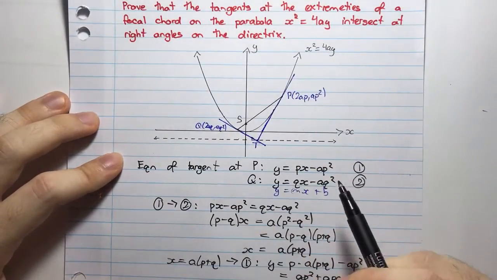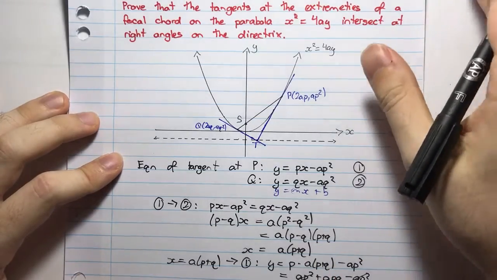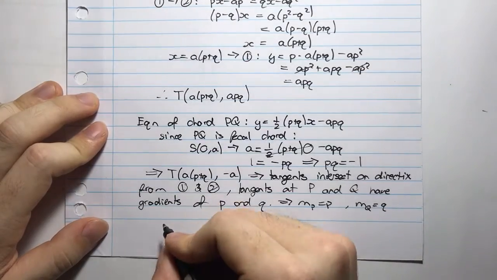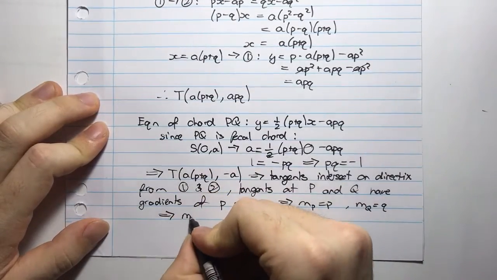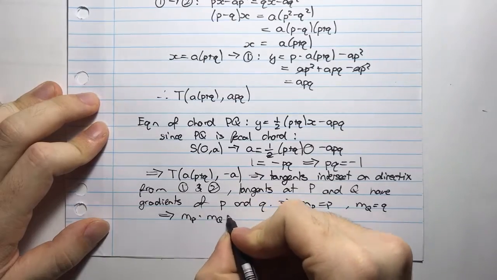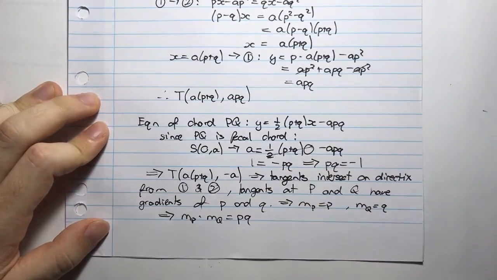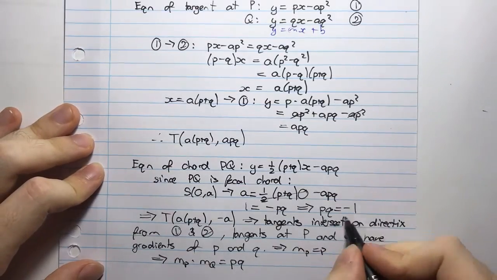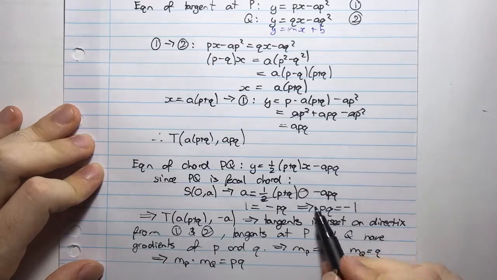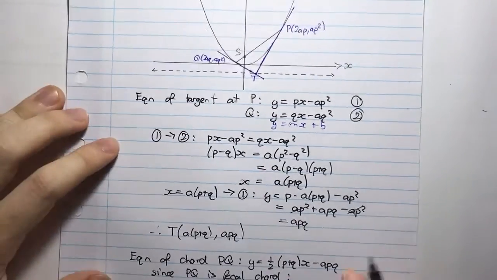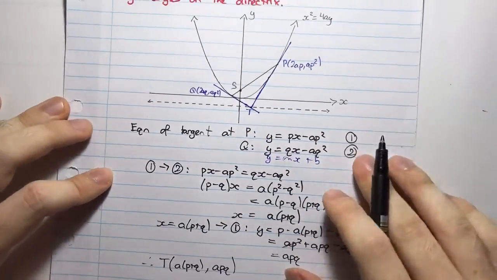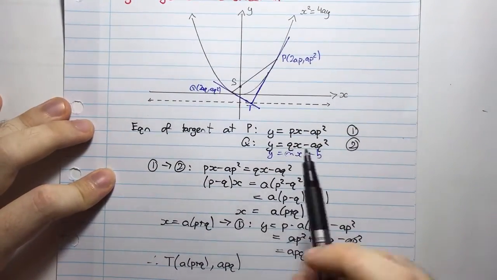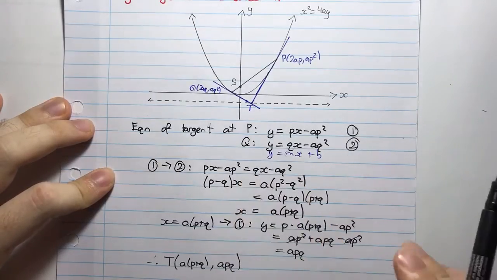So what does it mean for two lines to intersect at right angles? It means that their gradients, when I multiply them together, give me -1. And so I can say that mP multiplied by mQ, which is p times q, is equal to -1, because that's the condition. This here is really the key in this question. This is the condition that makes this property hold, that the tangents at the ends of a focal chord intersect at right angles on the directrix.